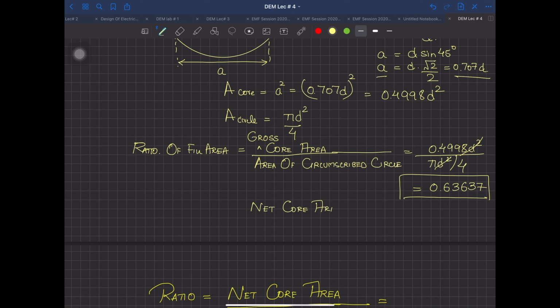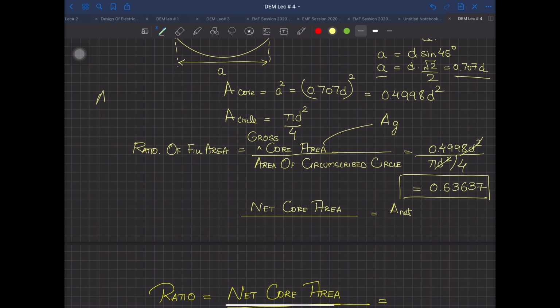Why net? I guess I told you in the last lecture that there is a difference between gross and net, and the factor was the stacking factor. There was lamination and there was some resin or oxide layer in between the laminations. So this term was the net area. You can call it net core area. This one you can call AG.